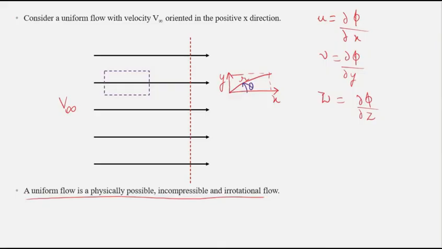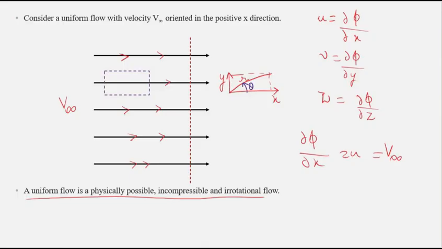Now if you refer to this diagram, with the arrows pointing in this direction, the flow. If we take these velocities as our reference, I can write ∂φ/∂x, which is equal to u, is equal to V infinity. Correct? Because this is my x direction velocity over here, right?